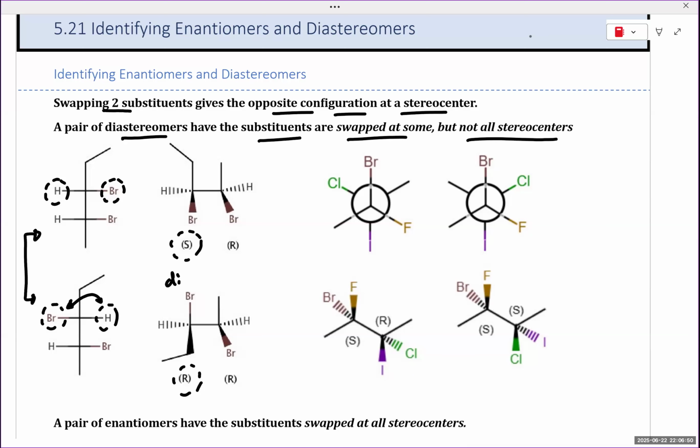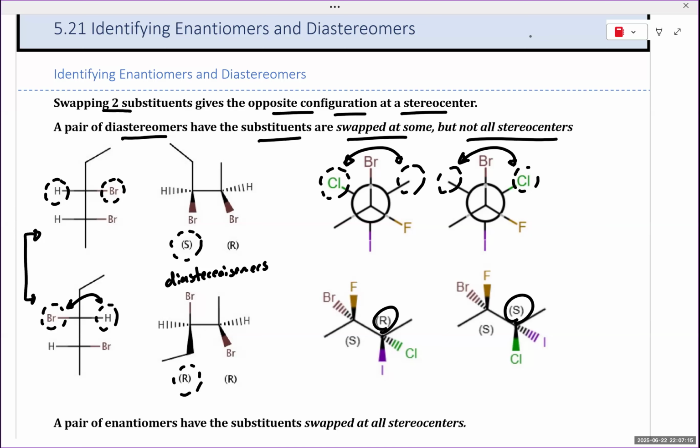So these two compounds would represent a pair of diastereoisomers, or diastereomers. By the same token, in these Newman projections, we see that in the back carbon, the chlorine and the methyl group have been swapped. This gives a different configuration at that back stereocenter.